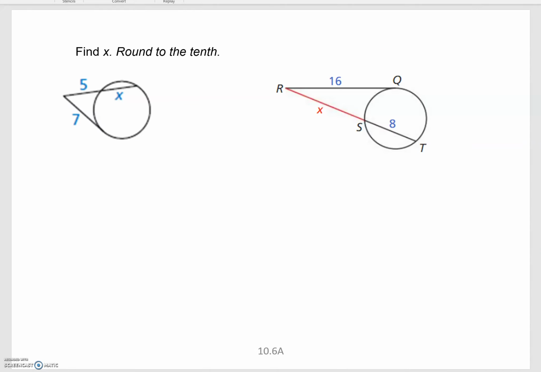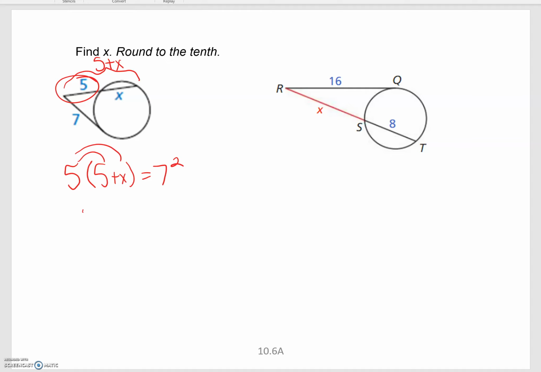Okay, here we have a couple examples where one is a secant and segment and one is a tangent segment. So remember, we have the whole secant, that's x plus 5 here, times the outside, equal to this tangent segment squared. So that's going to look like 5 times 5 plus x equals 7 squared.